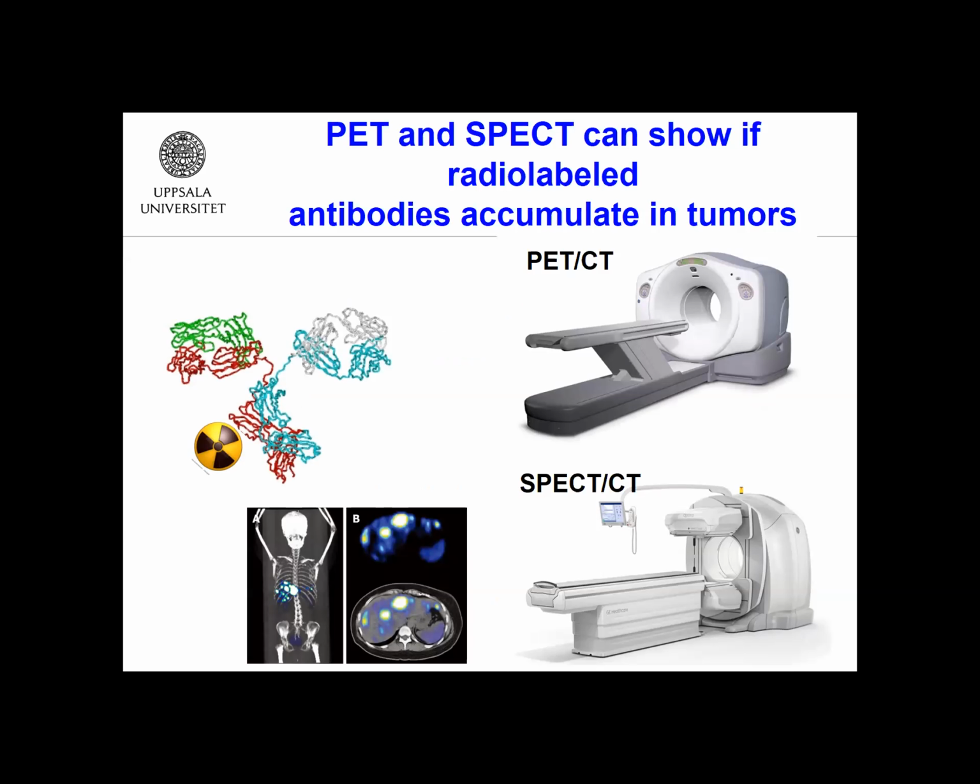So one could follow its fate in vivo and observe if a monoclonal antibody accumulates in a tumor site. So it's quite likely that it's because of specific interaction with the target, and this patient most likely would benefit from therapy. If not, well, then it's probably low expression of the molecular target, and we need to look for an alternative way of treatment.